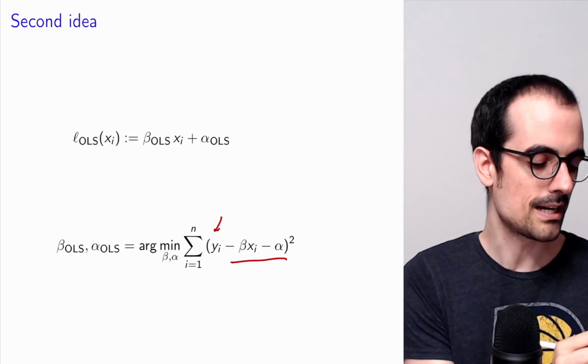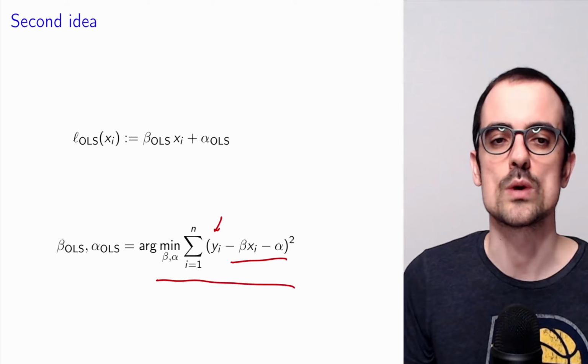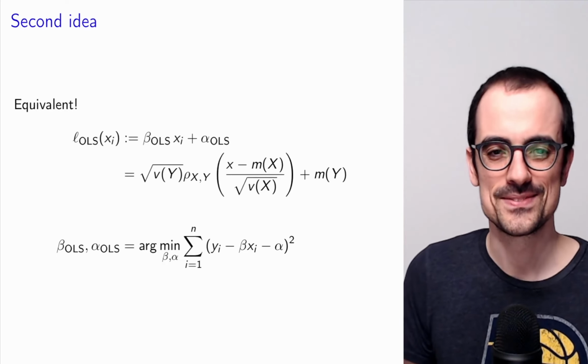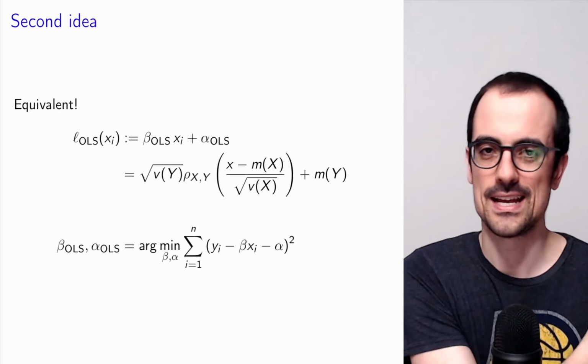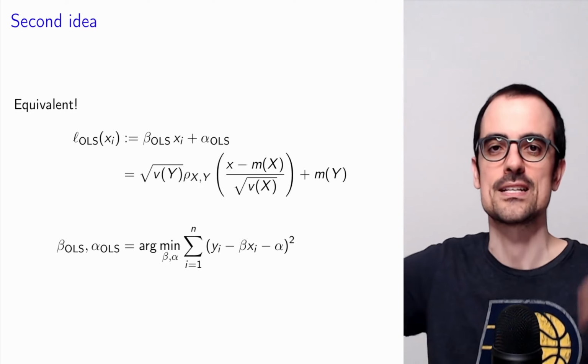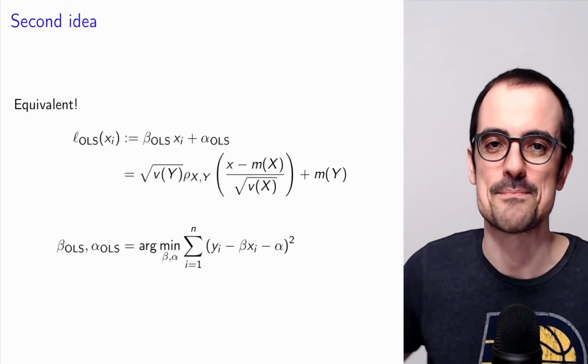I minimize the sum of squared errors. Well, this is going to give you exactly the same answer as when we use our argument that we established for random variables, and we replace the means, variances, and correlation coefficient by their sample estimates.